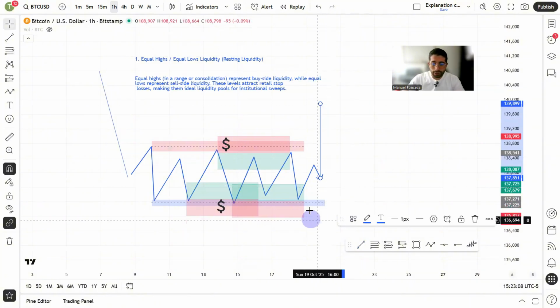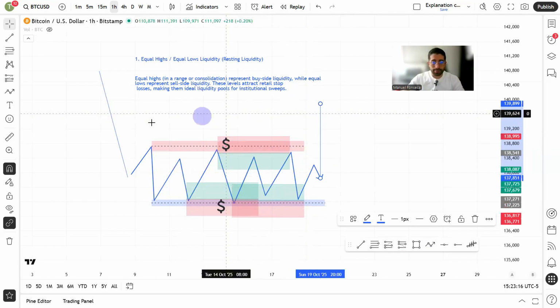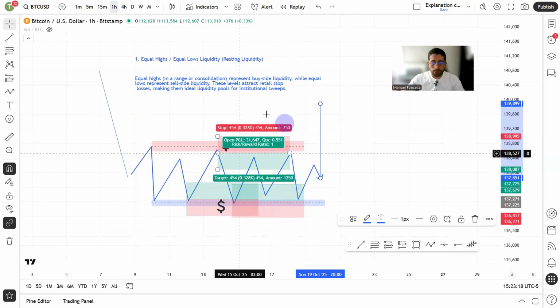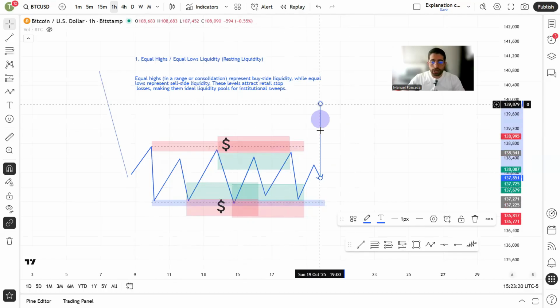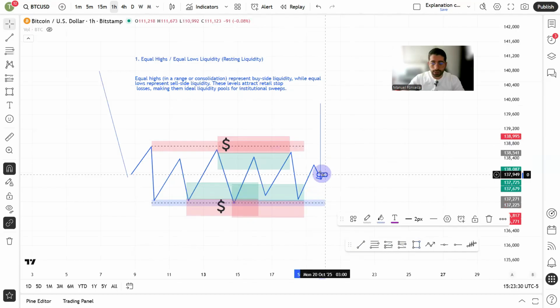With this candle wick, the price takes the liquidity of all the people who are selling here. So all the stop losses, all the money that was accumulated here was taken just with this candlestick. Now, what happened? When people are executing in the moment, they see this, they see the next.